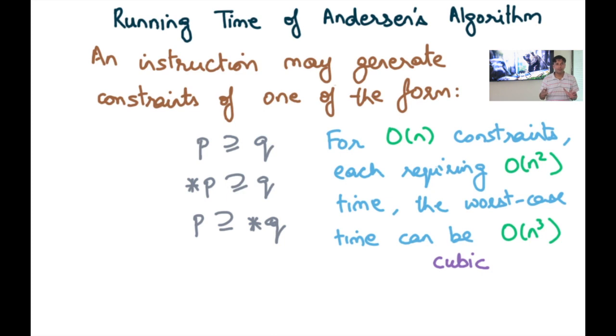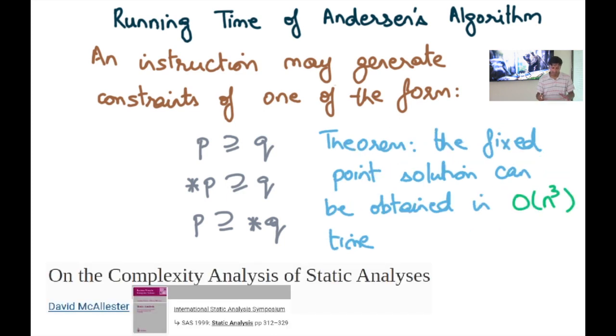Now this is a very rough analysis, and a more precise and clearer analysis is available in a paper on the complexity analysis of static analysis by David McAllister, where he has a theorem which says the fixed point solution can be obtained in order n cube time using Andersen's algorithm.